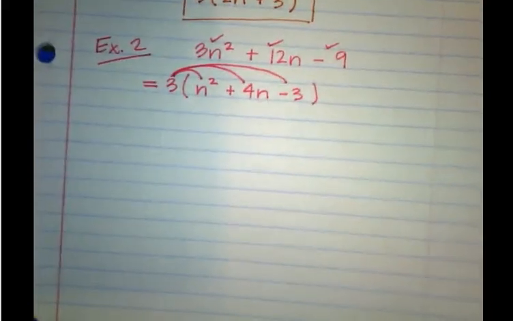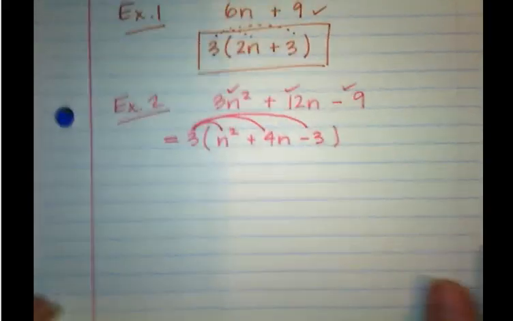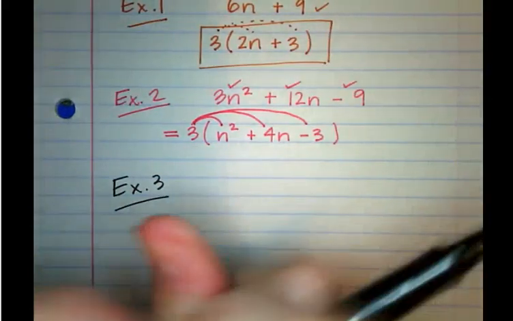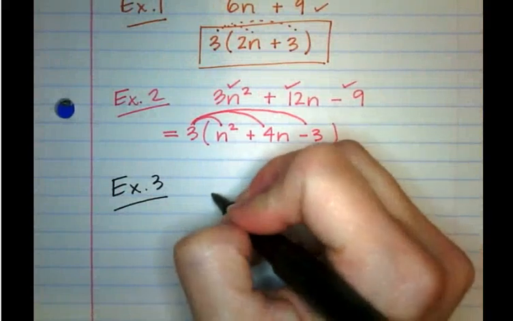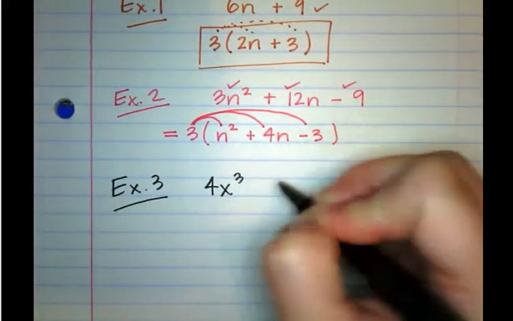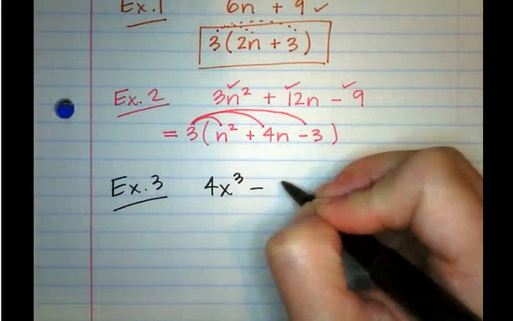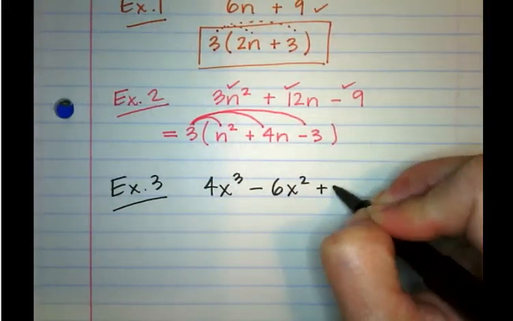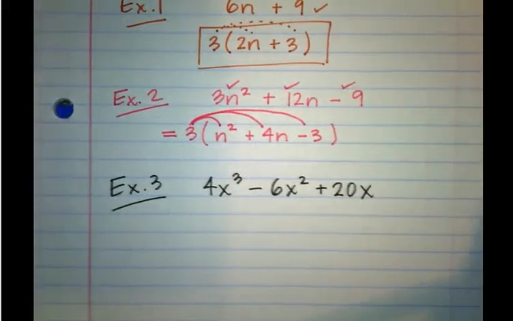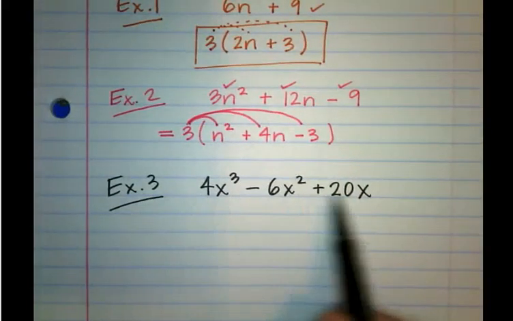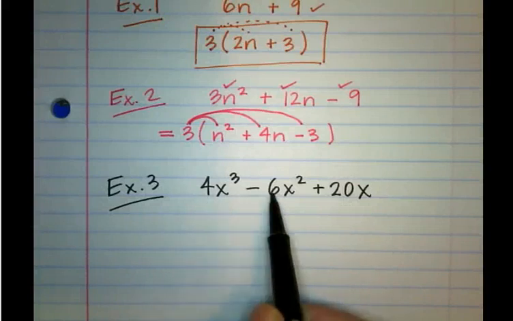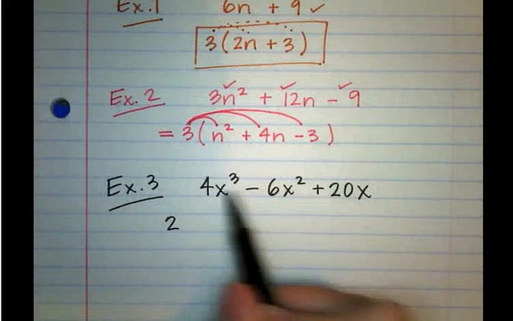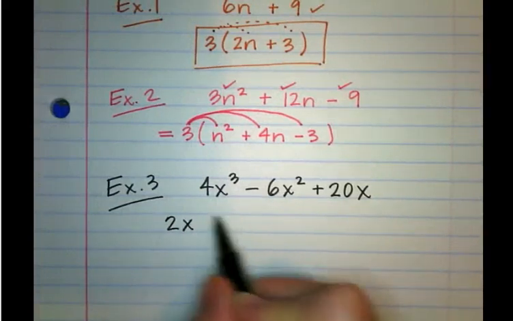All right, now your greatest common factor can involve variables. So let's say we had 4x cubed minus 6x squared plus 20x. All right, when I look for a GCF out of here, I can see that the 4, the 6, and the 20 can all be divided by 2, but I also see that they all have an x in common.